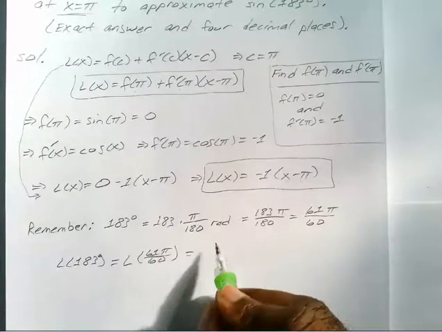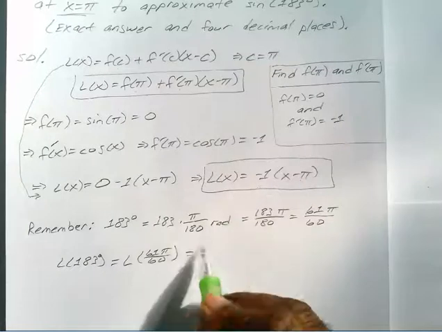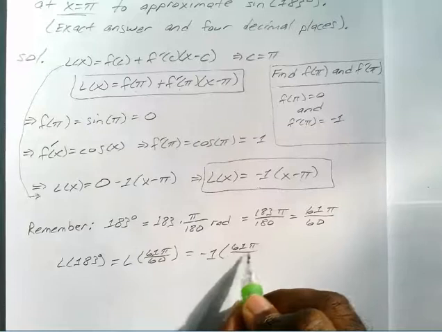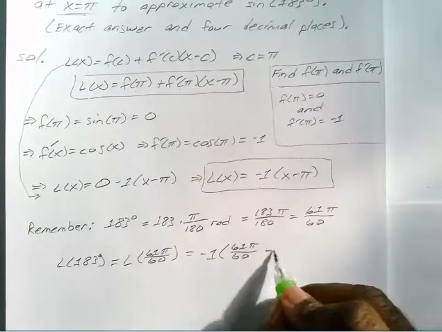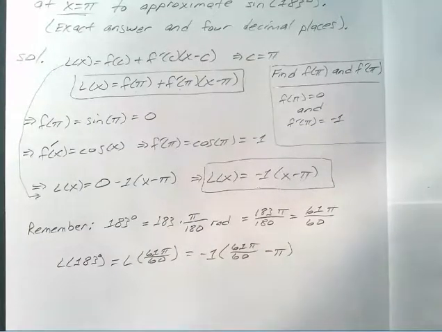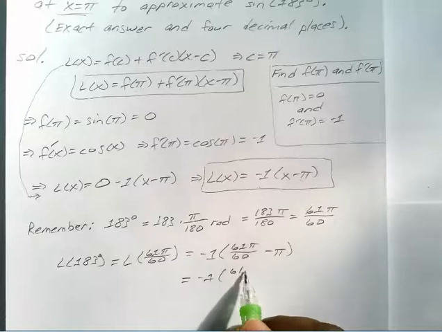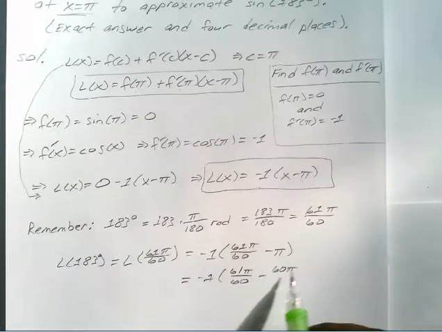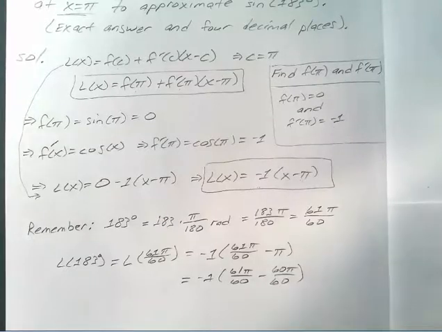Which is equal to, we plug it into this one, -1 times 61 pi over 60 minus pi. Okay, so if we have 61 pi over 60, we just make that pi 60 pi over 60. So now we have our common denominators. We can go ahead and finish that off.